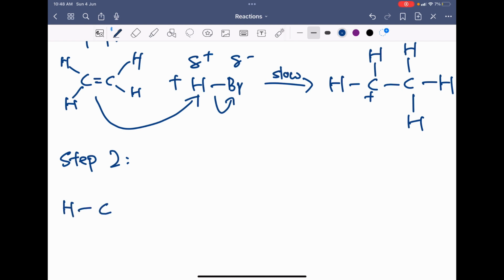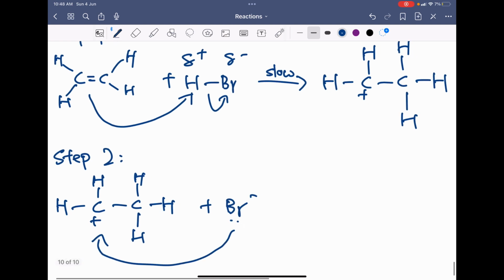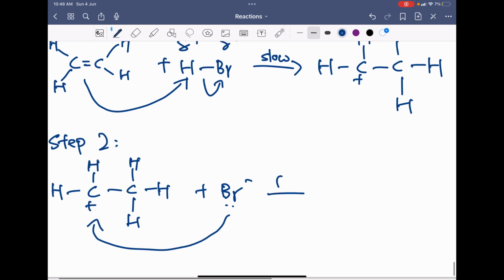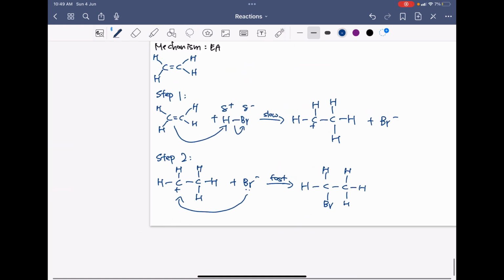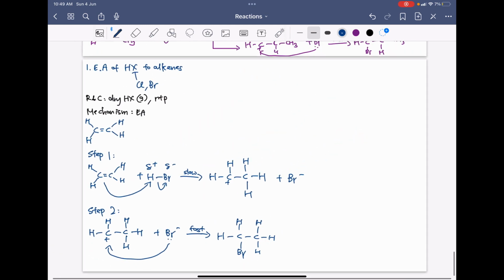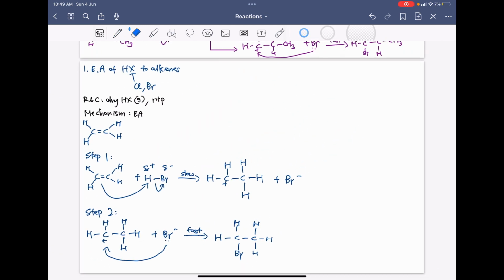So we have our carbocation intermediate and our bromide ion, and then it undergoes nucleophilic attack. This is the fast step, because the first step is the slow step. And now we have formed our product, which is a halogenoalkane.